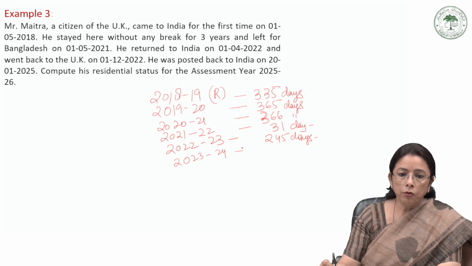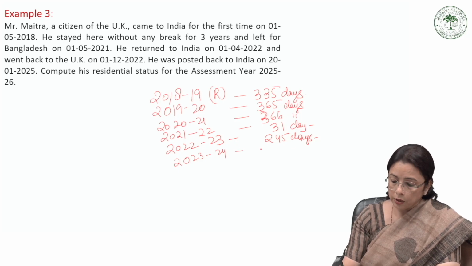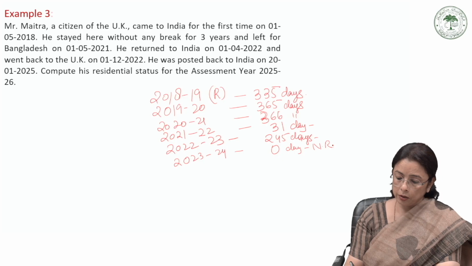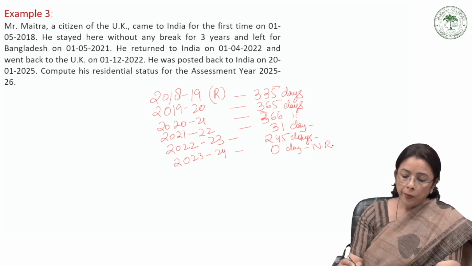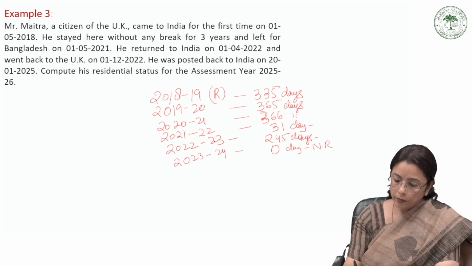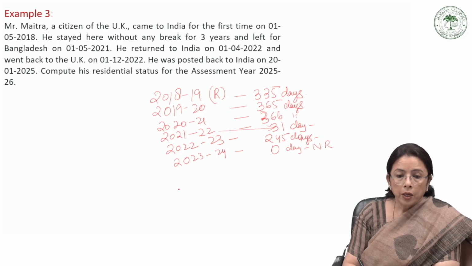That means for the complete 2023-24, he was not here at all, 0 days. So he wasn't a resident here. And the rest of the years he was the resident, except for 2021-22 and this year also, 2023-24.